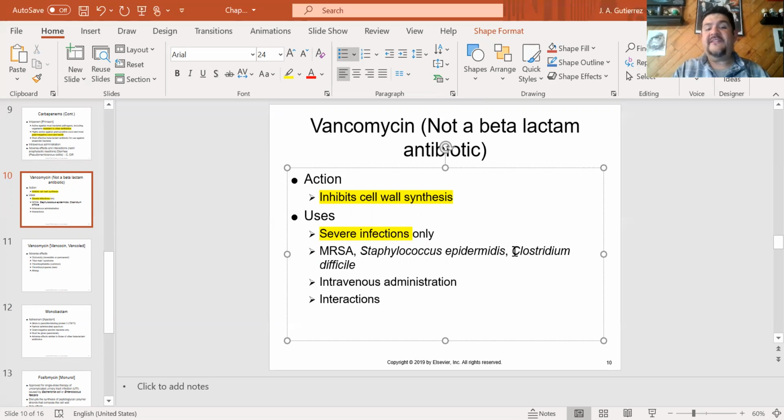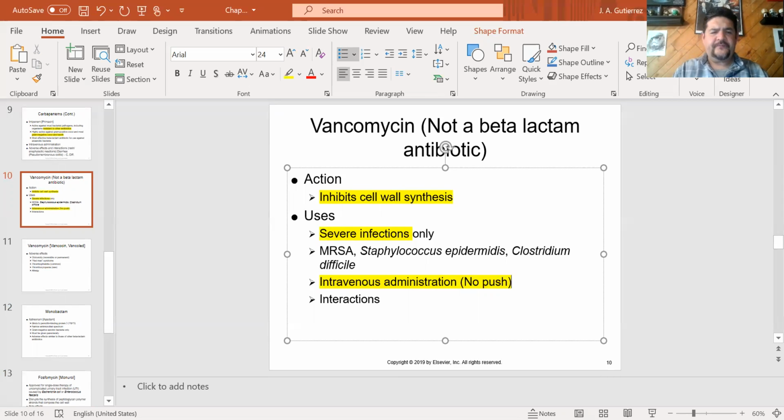It can be used against C. diff, but metronidazole is still more commonly prescribed for it. Again, the thing with vancomycin is IV administration and no push. That means you don't push your IV.